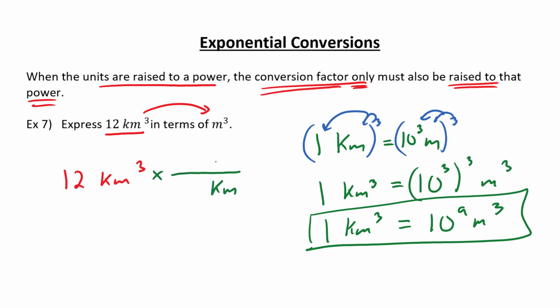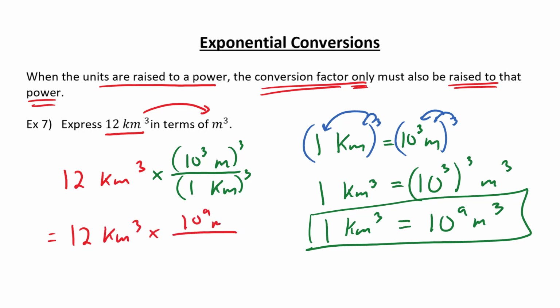Alternatively, you could just do this. Kilometers on the bottom, meters on the top. 1 kilometer is 10 to the 3 meters. But I'm going to cube both the top and the bottom. This will then give me 12 kilometers cubed multiplied by 10 to the 9 meters cubed divided by 1 kilometer cubed. Now I have the same units here and here. They cancel each other out.